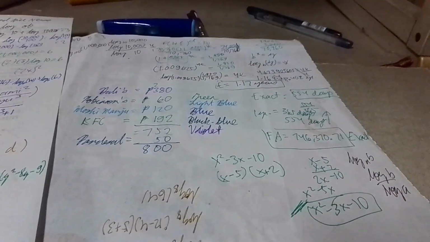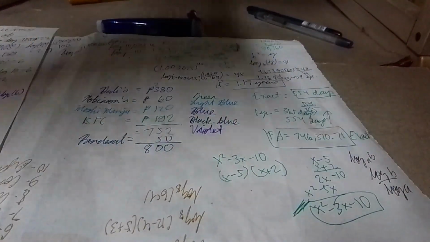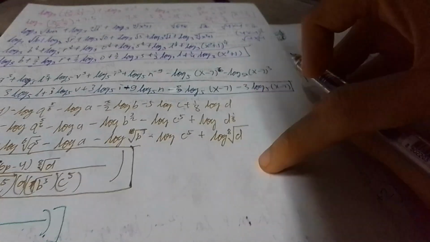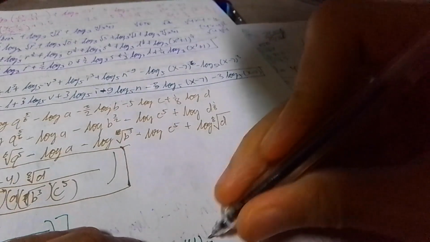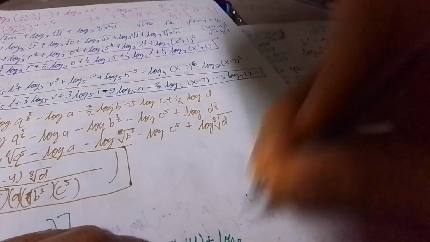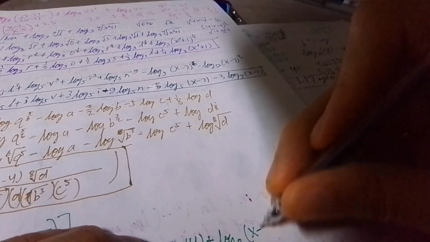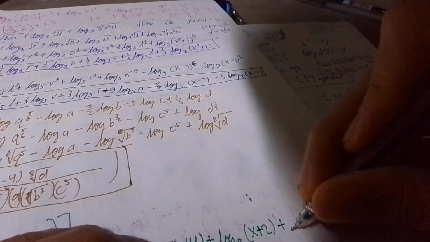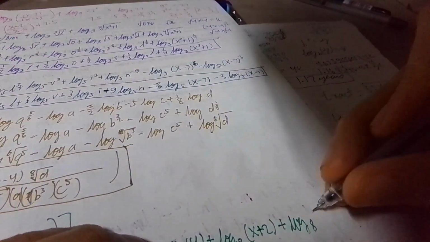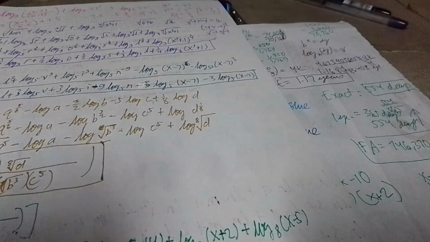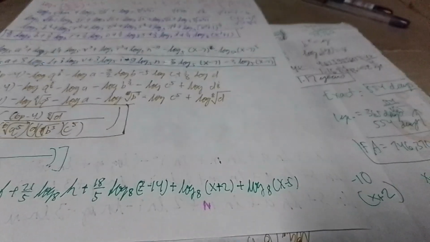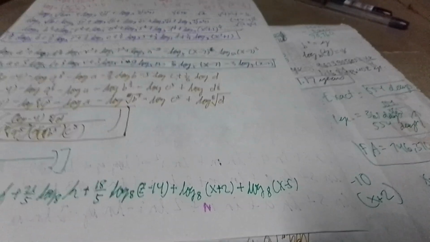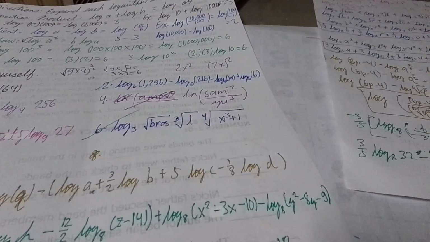Right. So this is supposed to be written as plus log base 8 of x plus 2 plus log base 8 of x minus 5. That's supposed to be the answer, because we factored the arguments out.